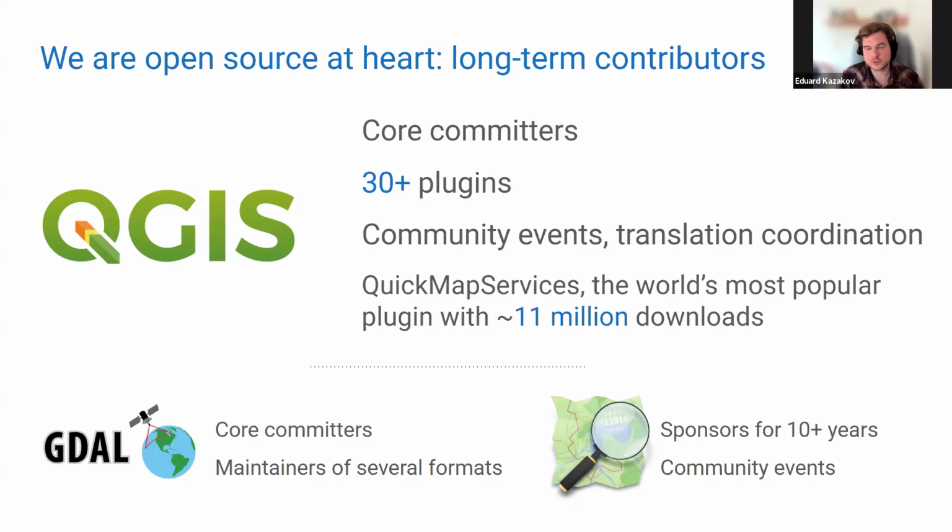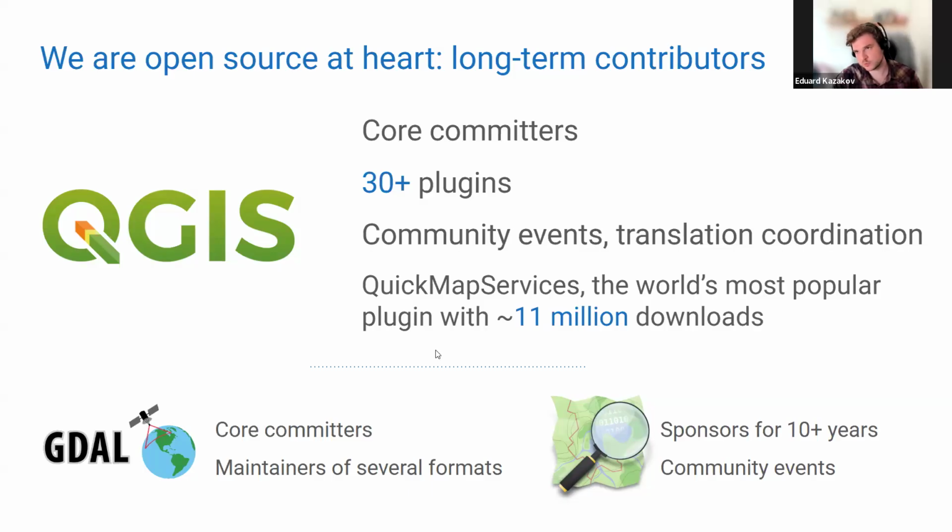And we support not only QGIS, but also GDAL, a programming library underlying almost every geospatial software in the modern world. We maintain several vector and raster formats in this library. And the OpenStreetMap project is very important for us. We are major sponsors for it for many years and community events holders.